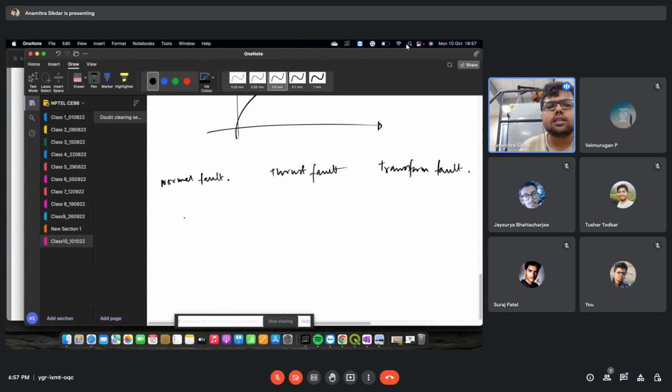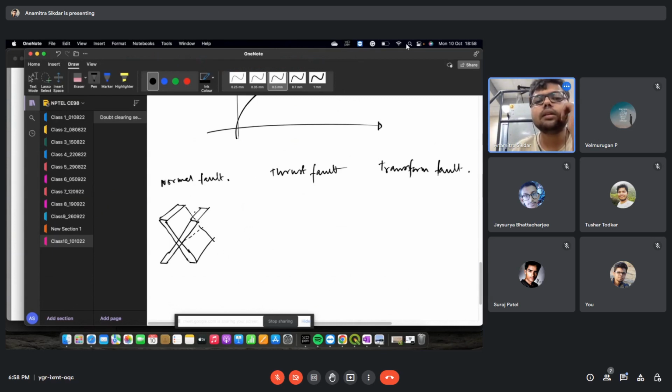So in the case of a normal fault, what happens? Suppose you have a fault like this in nature.